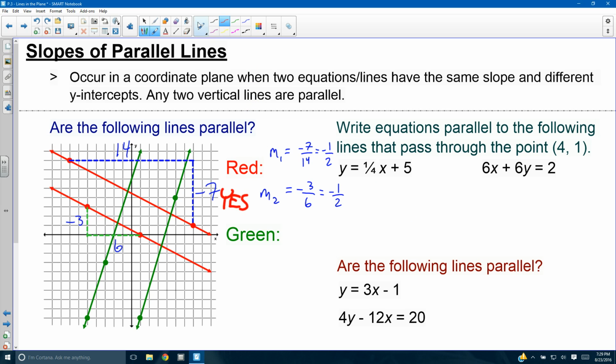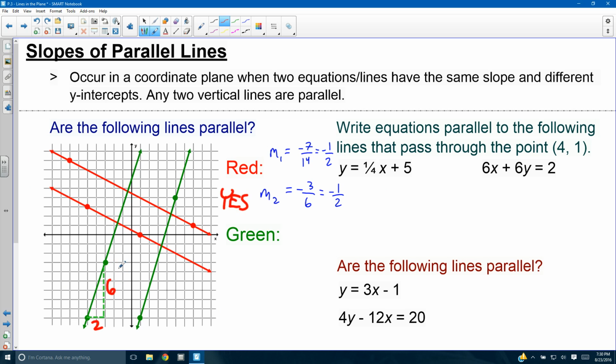Okay, the green one. Let's erase some of this stuff here. In the green one, we have the exact same thing as far as what we're going to do. How much does it run? How much does it rise? Let's check these ones out. Running 2, rising 1, 2, 3, 4, 5, 6.